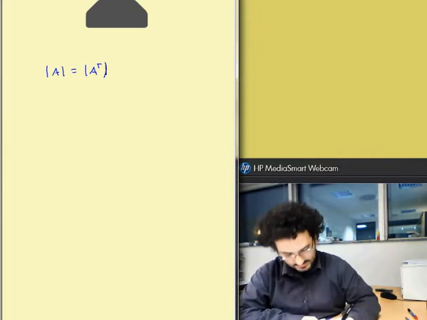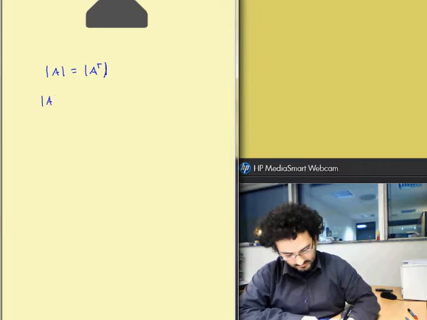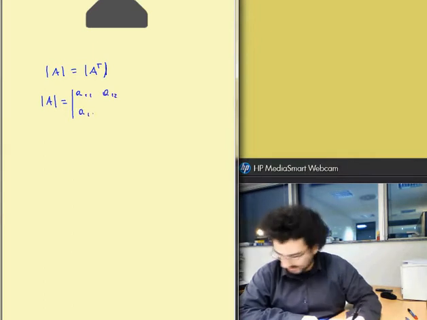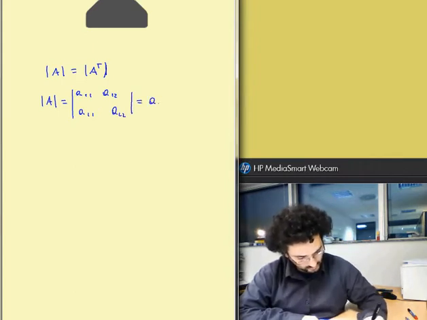So for instance, if we consider a 2 by 2 matrix A, whose general elements are A11, A12, A21, A22, we know this determinant is equal to A11 times A22 minus A21 times A12.